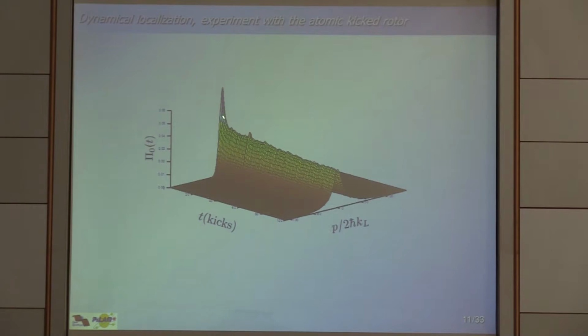You have some fast evolution, which is the classical diffusion, and then dynamical localization sets in. You see that it's not evolving anymore, and at the end, you'll find that the shape is an exponential, exactly as predicted for an Anderson model.